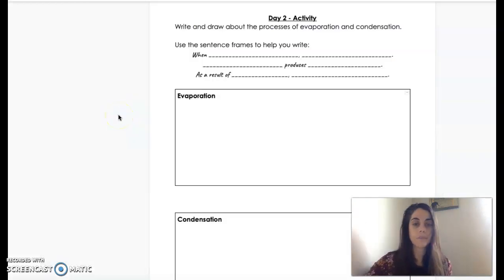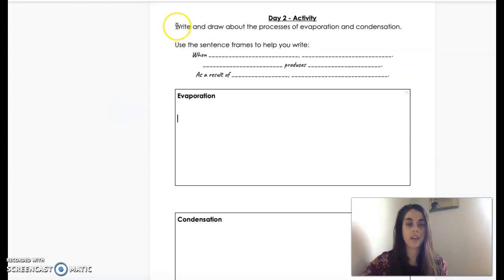Now turn to the next page in your packet. We're going to look at Day 2 activities. The instructions say, write and draw about the process of evaporation and condensation. Dice, escriba y dibuja sobre los procesos de evaporation y condensation. Please do what you can do.